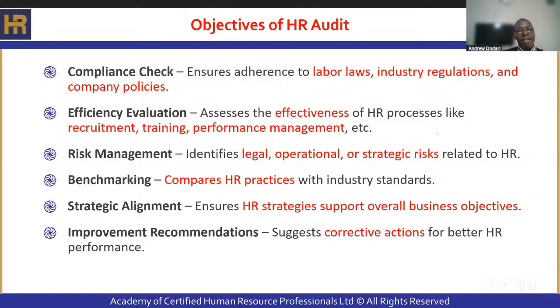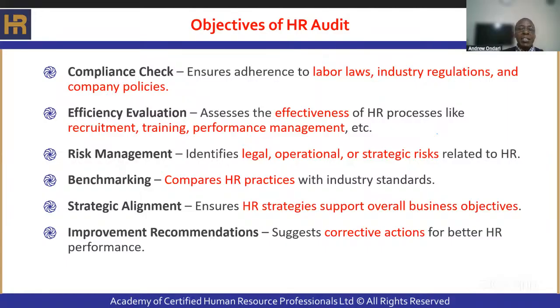Secondly, an HR audit helps us to ensure efficient evaluation. Efficiency, as I have indicated, relates to the utilization of resources. And there are three resources I mentioned: one, financial resources; two, physical resources; and three, human resources.